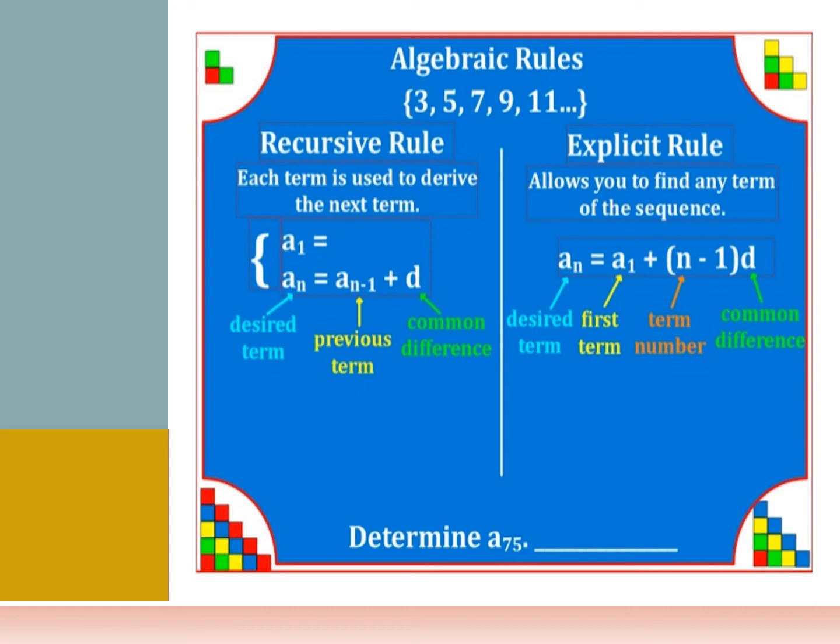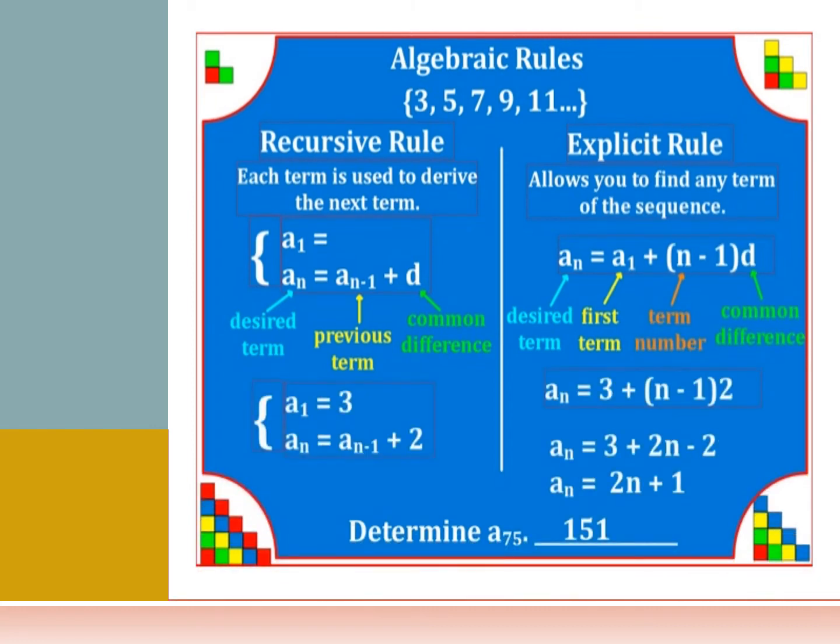The explicit rule: an equals a1 plus n minus 1 times d. So an is the desired term, a1 is the first term in the sequence, n is the term number, and d is the common difference.